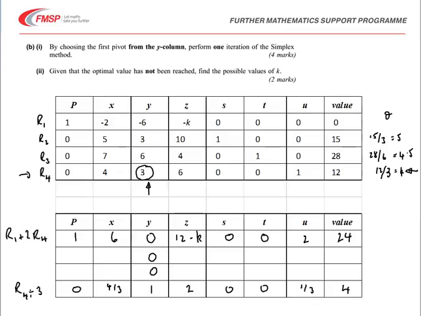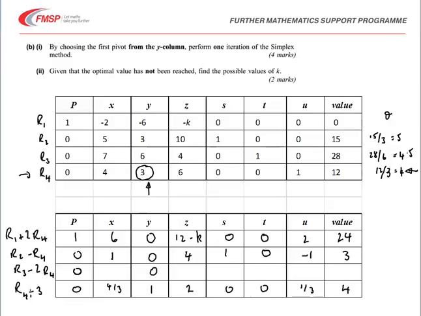To get to the next row, we're just going to subtract, so this will be row 2 minus row 4, and that becomes 0. 5 minus 4 is 1. The 0 in the next column. 10 minus 6 is 4, and then 1, 0, negative 1, and finally at the end 15 take away 12 gives me 3. And finally row 3 minus 2 lots of row 4.